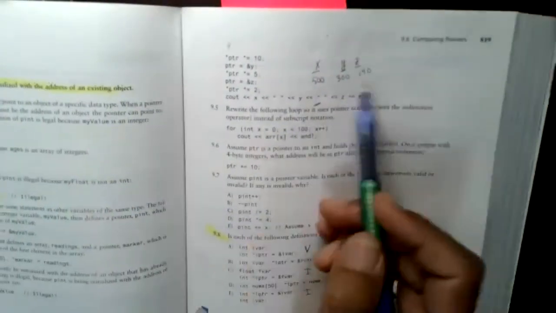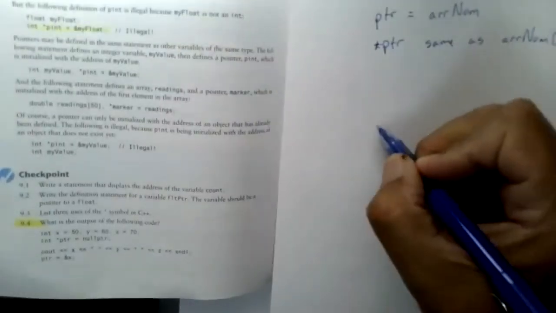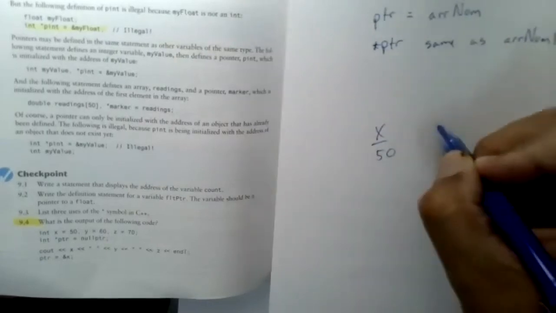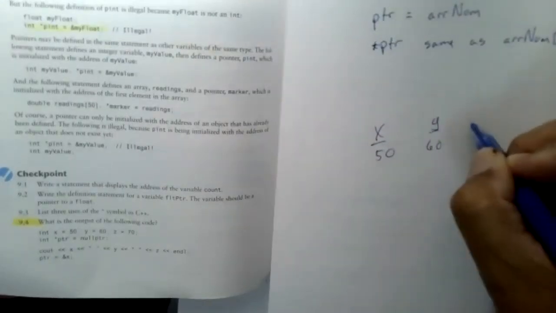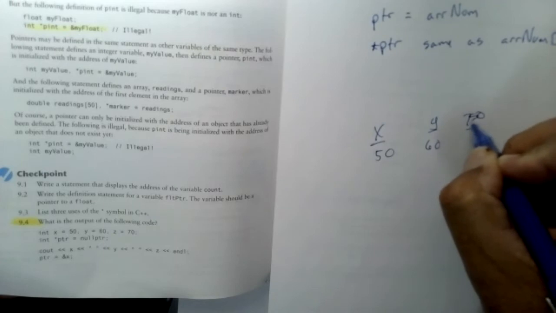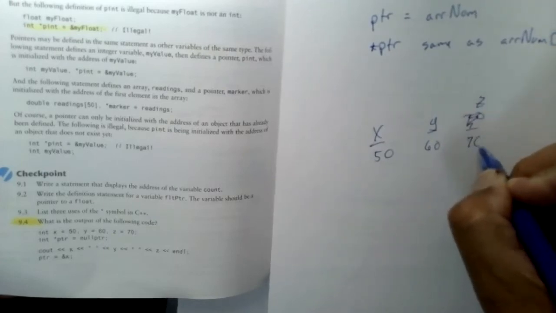Well, I wanted you to do 9.4 and I wrote my answers in and I did them in pen. So let me see what we can do here. All right. So X is 50. Y is 60. Z is 70.